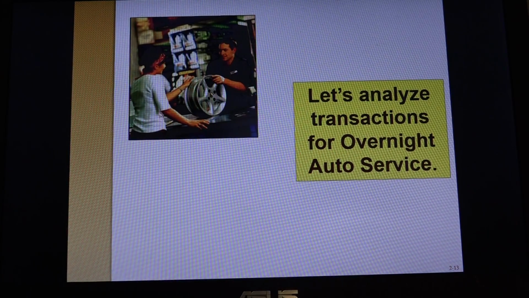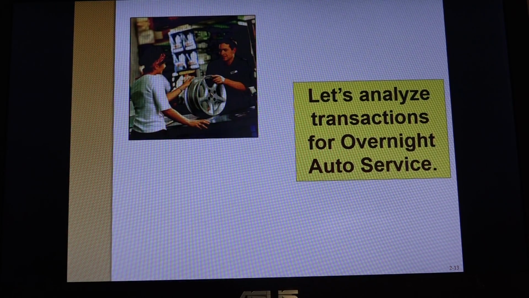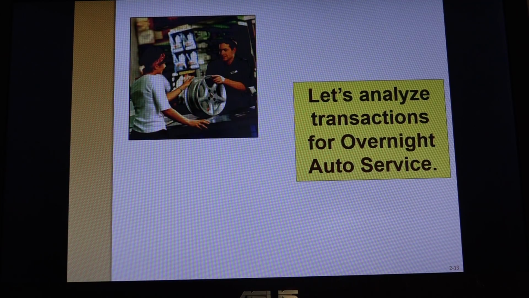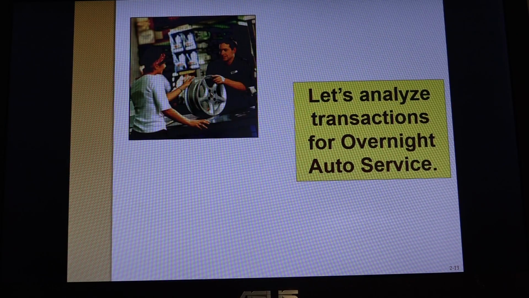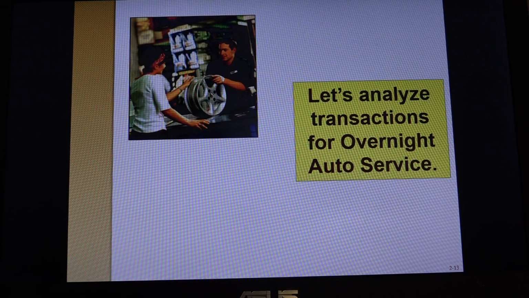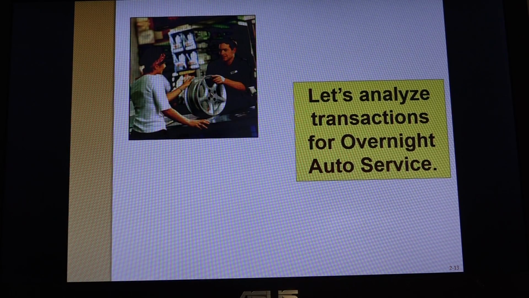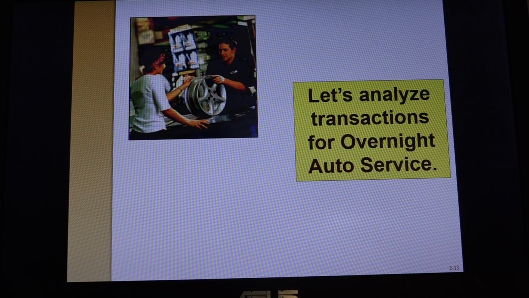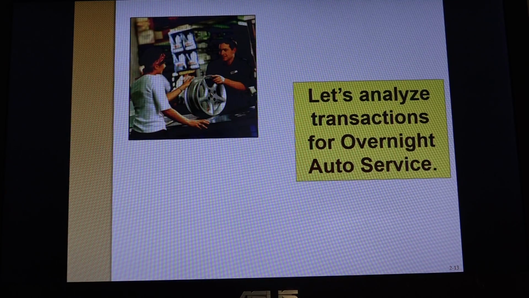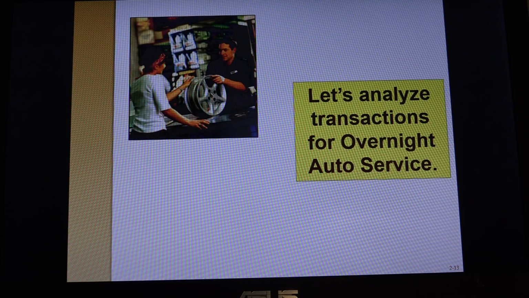A big part of what accountants do is analyze transactions. Remember that businesses make transactions that have an effect on the accounting equation. When these transactions do affect the accounting equation, they've got to record them.